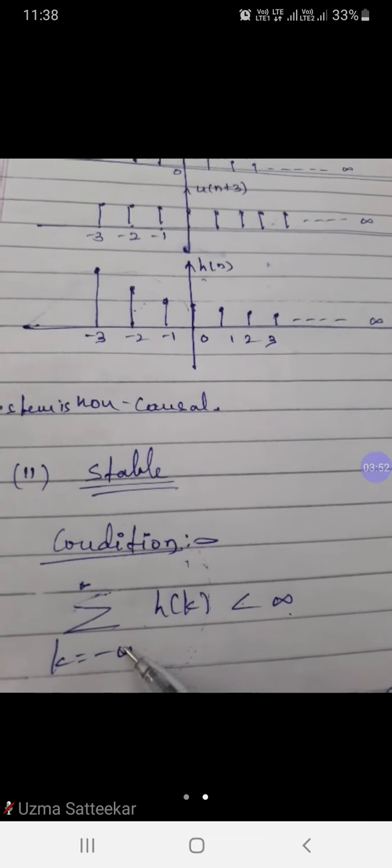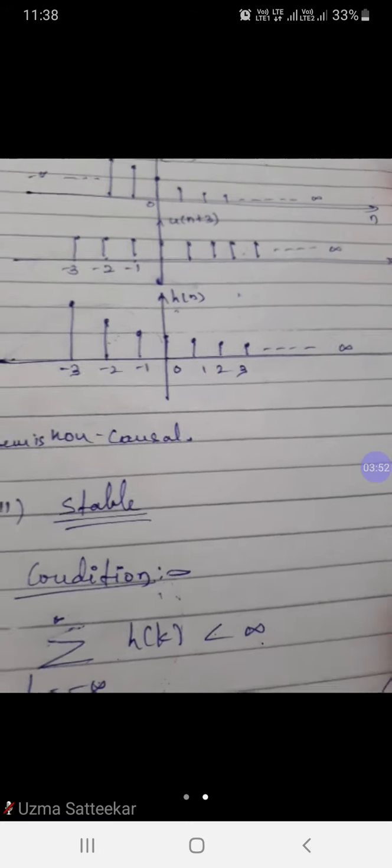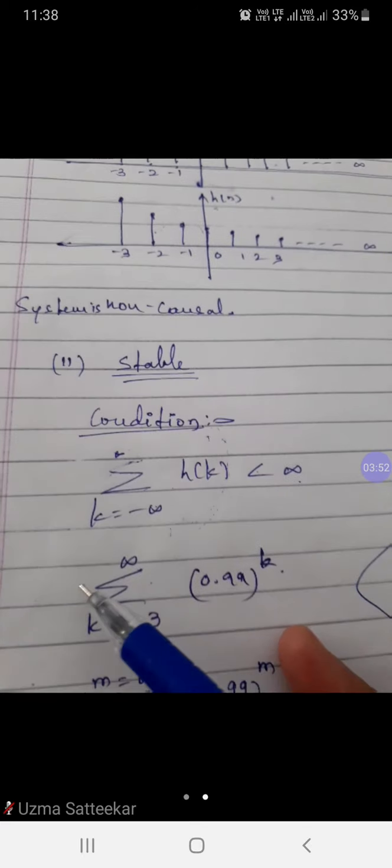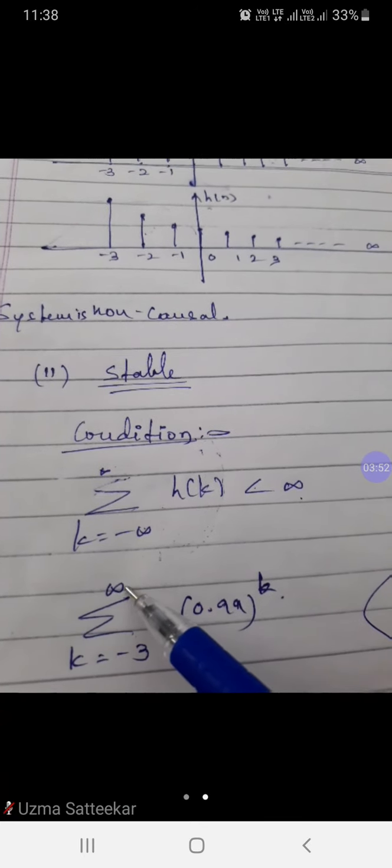This is the general limit, minus infinity to plus infinity. But for our case, for h of n, what is our time limit? Minus 3 to infinity. So just change that range, it will become minus 3 to infinity.